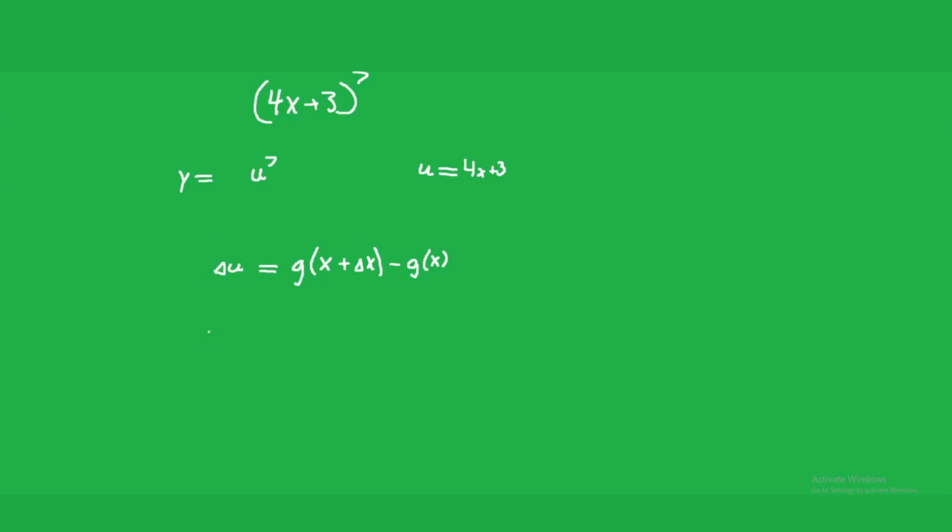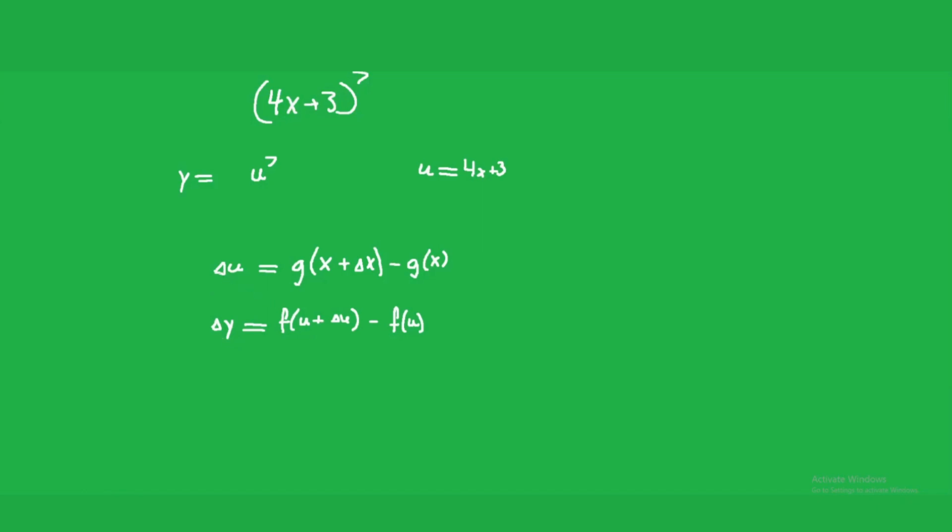Okay, now our change in y is going to be, let's say, f of u plus change in u, minus f of u. Notice I'm using u here because that's what this function involves. Okay, so if I want to find the rate of change here, which is an important step for derivatives.